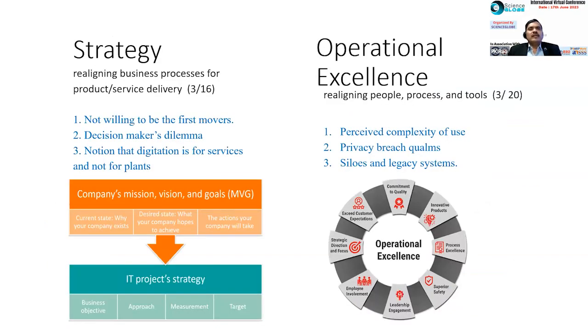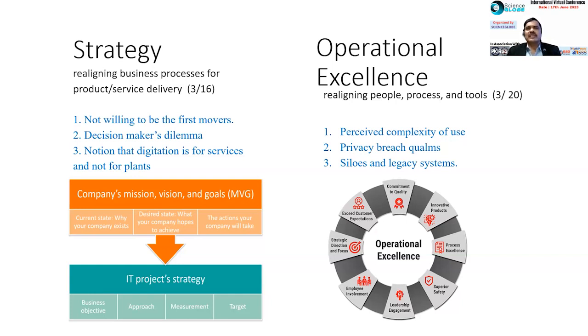Now, based on the Google survey, the ranking was done by the SMEs. Out of the identified 16 strategy areas, 3 are the salient ones: not willing to be the first movers, decision makers' dilemma, and the notion that digitalization is for services, not for plants.